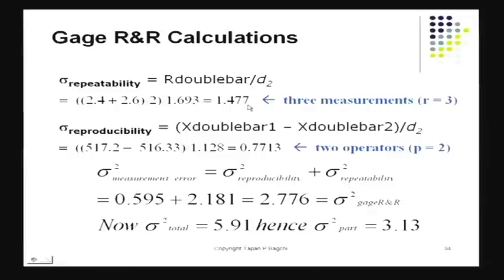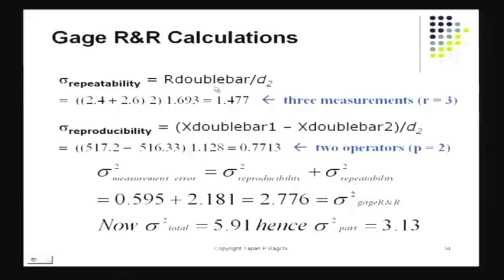Now this is the sigma attributable to the gauge, and this is repeatability, and the estimate for reproducibility is going to be this. If I want an idea of the total variance contributed by my gauge, which is the repeatability contribution, and my operators, which is the reproducibility contribution, I'd have sigma square measurement error, the total measurement error, contributed in part by the gauge and in part by the operator.